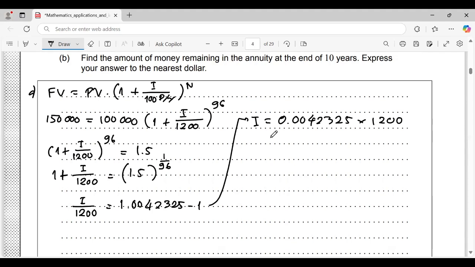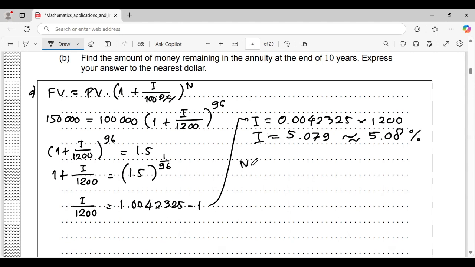and the result is 5.079. Rounded off becomes 5.08. This is a percentage because it is interest percent.